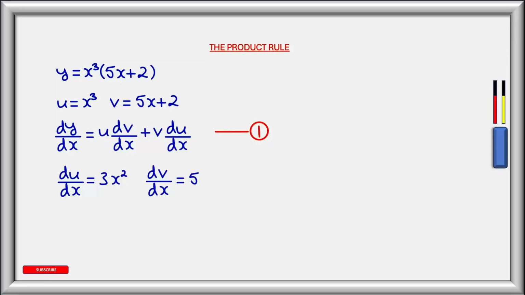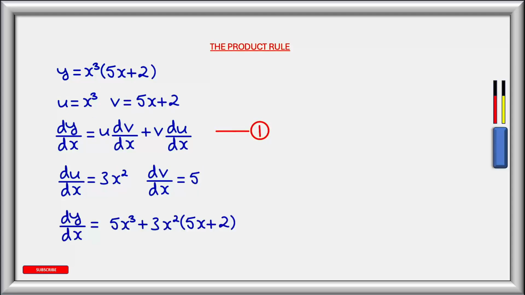To evaluate du by dx, we can use the power rule on the function u equals x cubed, and so du by dx evaluates to 3x squared. Similarly, we can use the power rule to evaluate dv by dx, where v is equal to 5x plus 2. So the derivative of v with respect to x is equal to 5.